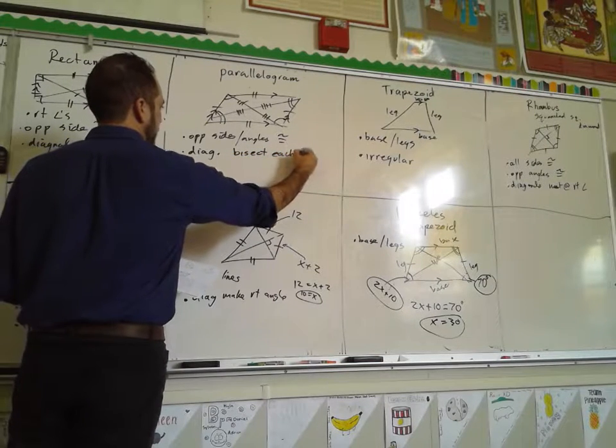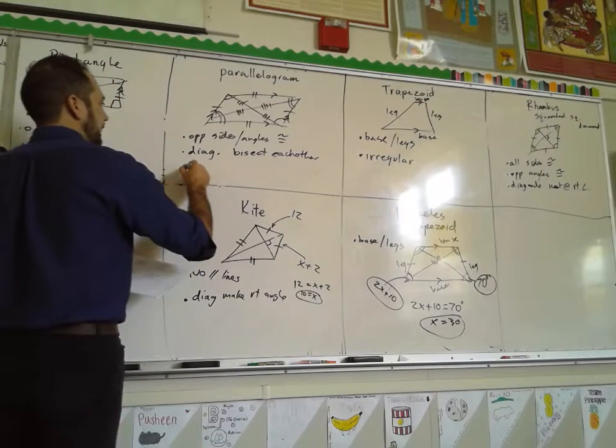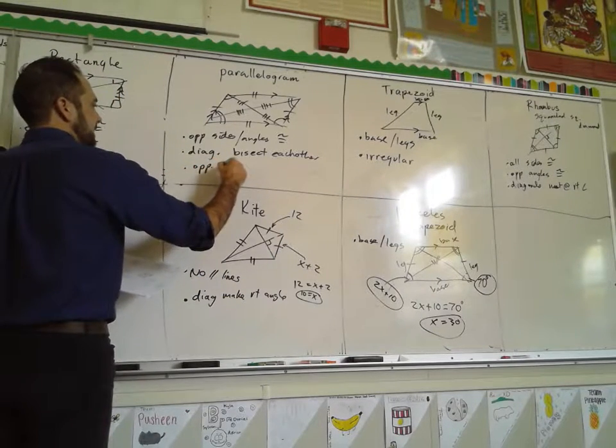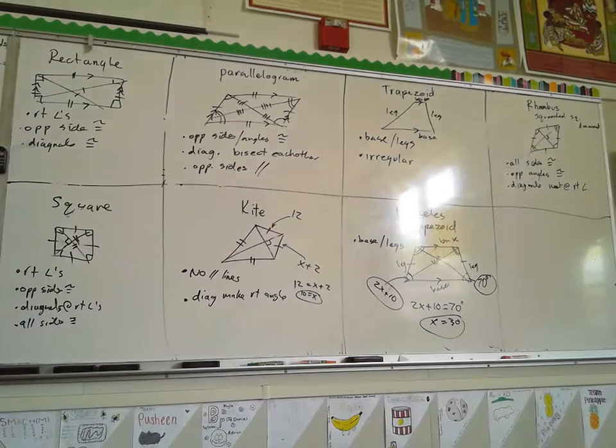They cut each other in half. And we could say opposite sides are parallel. Okay. So that is actually it for our 7 shapes.